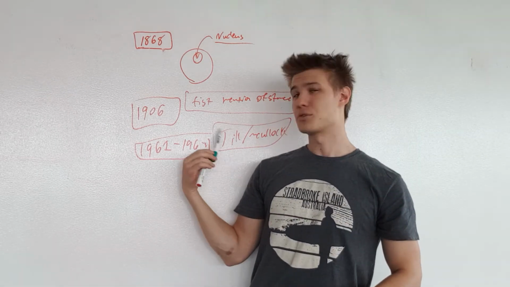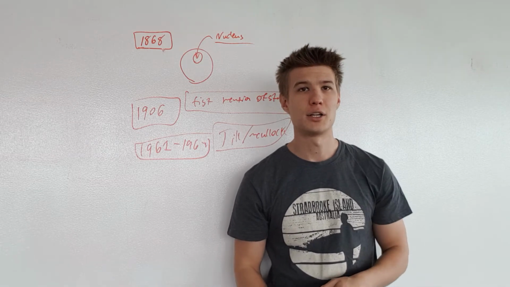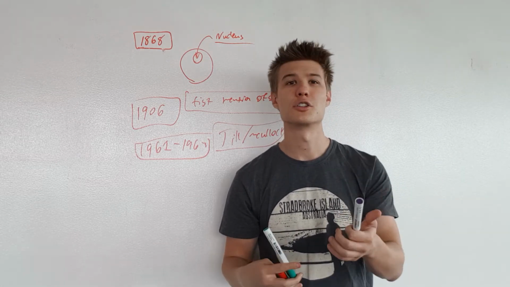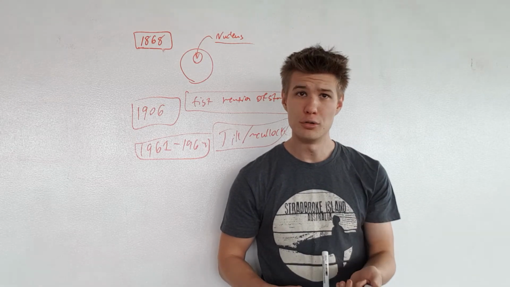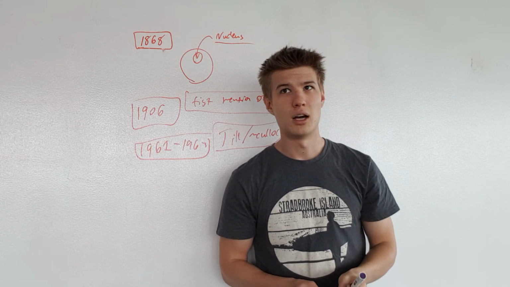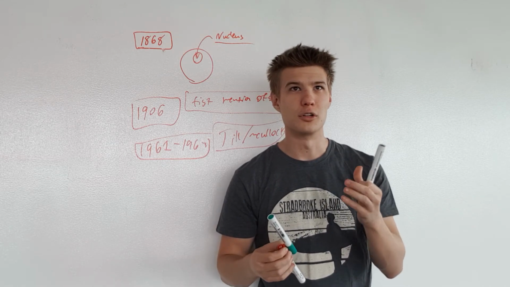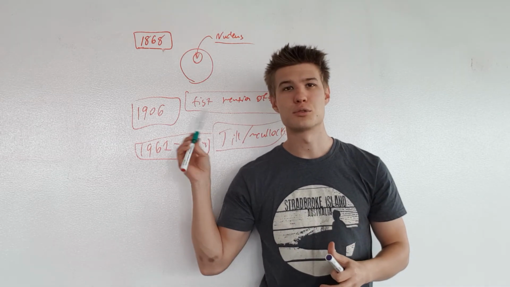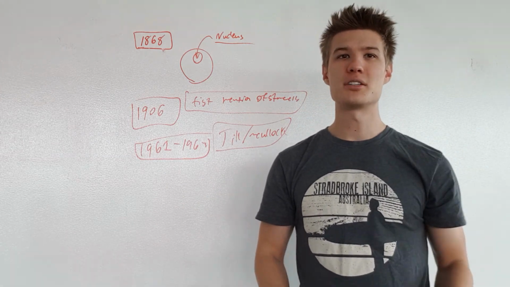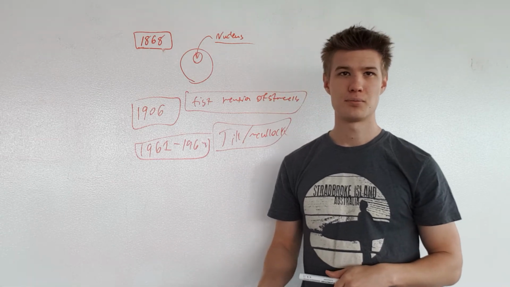Now this research was actually off the back of radiation research because of World War II. There were a lot of people dying from Hiroshima and Nagasaki and the nuclear attacks, and so this research was really into that. But it gave rise to really the first investigations into stem cells, which is pretty cool.